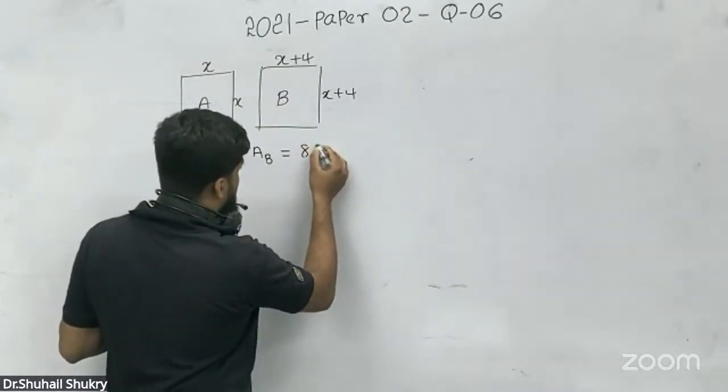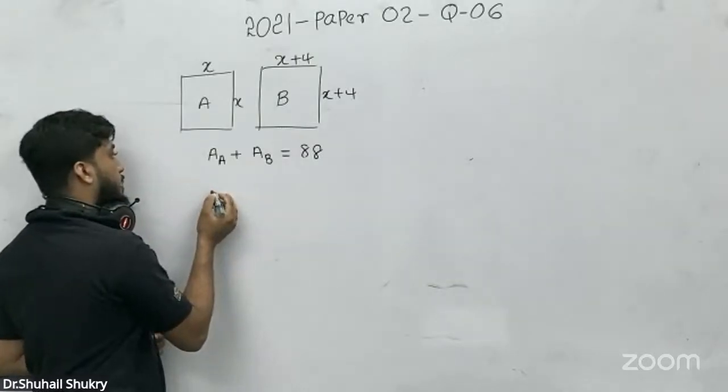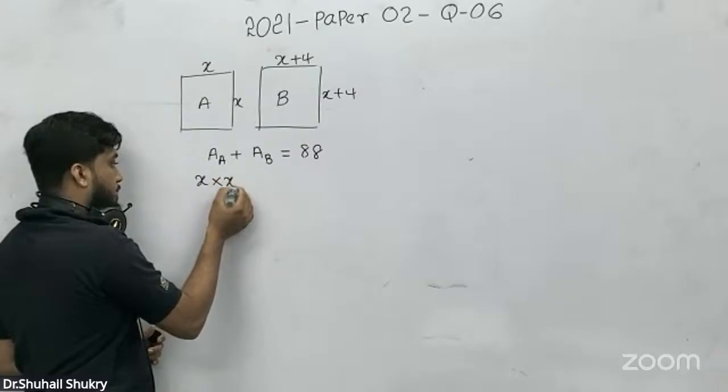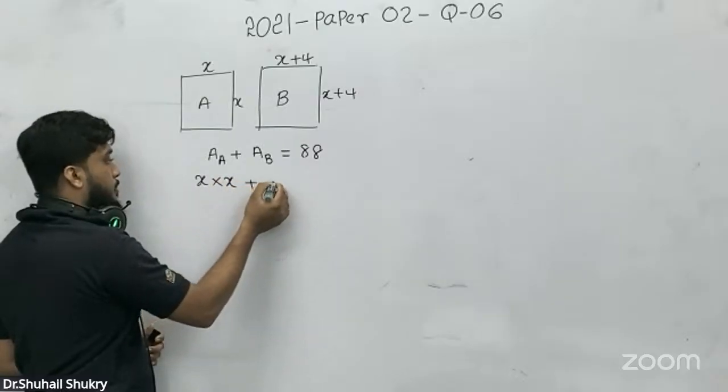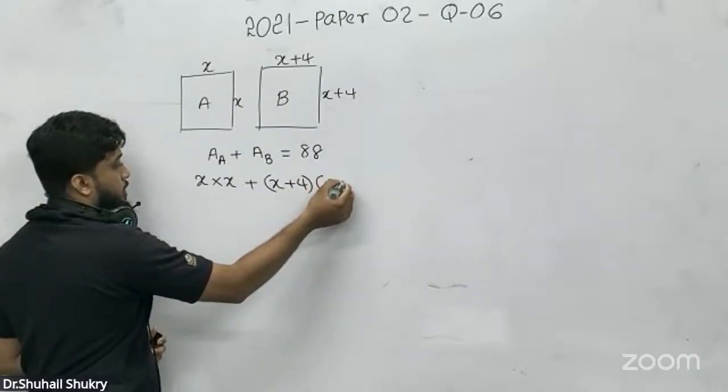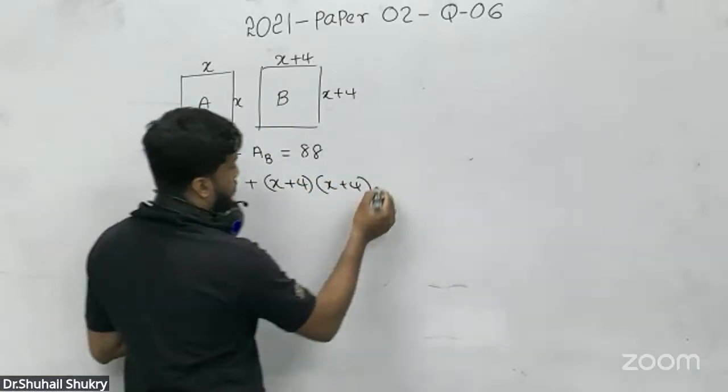Area A, you can write an expression. Area A is length into length, so x into x. For area B, x plus 4 times x plus 4, equal to 88.